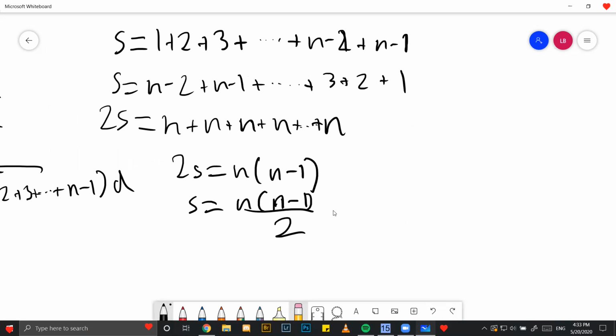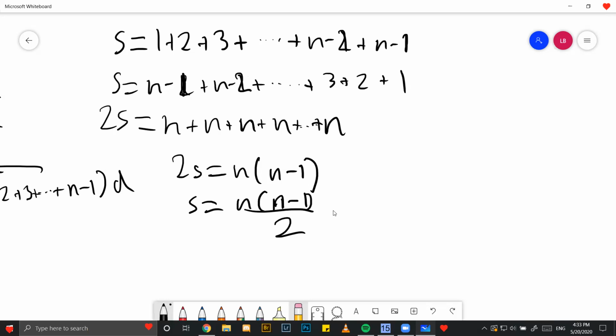Now I'm going to start with n minus 1. So n minus 1 adds to the 1 and gives you n. The n minus 2 adds to the 2 and gives you n. Oh no, sorry, this is the first n minus 1 numbers, not the first n numbers. Sorry.